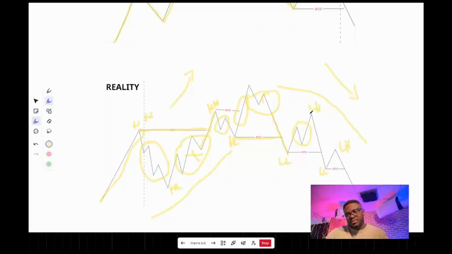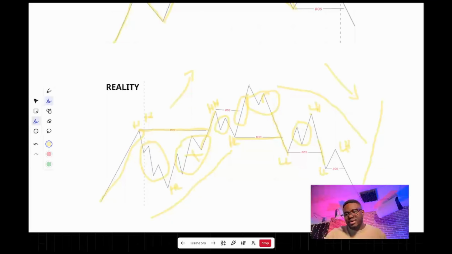So you see the way I didn't term this market structure shift, I termed it break of structure. Of course, it's break of structure because if the price action is bearish, a candle close below the last lower low is going to be a continuous break of structure until there is a new shift.